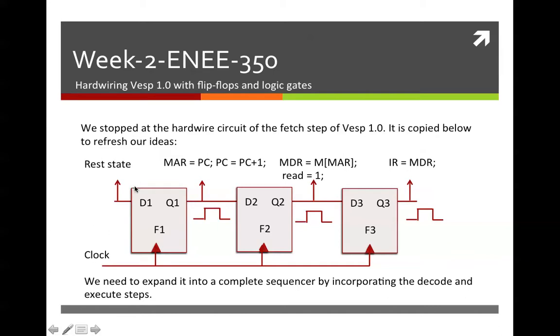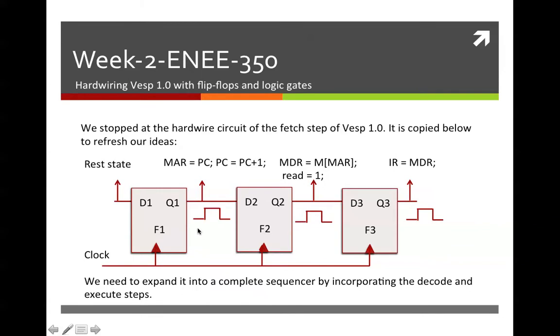So here you see what we already have covered in the first week that we did our classes. And the fetch process takes basically 3 clock cycles, as you will see by these pulses that are put together here.